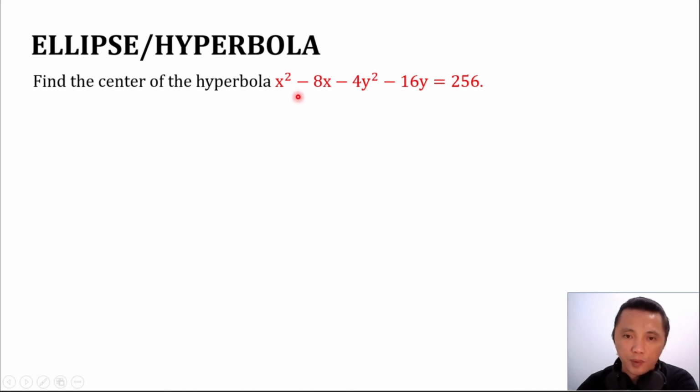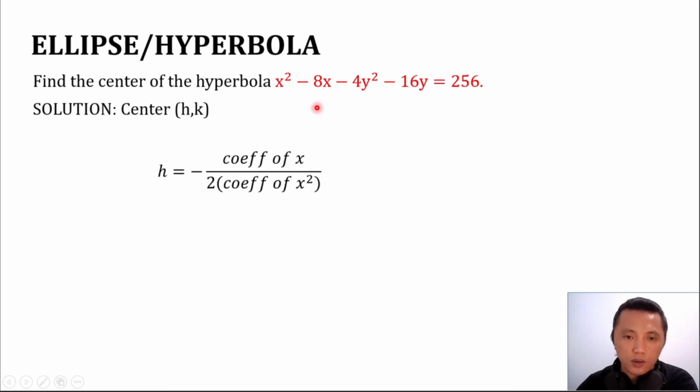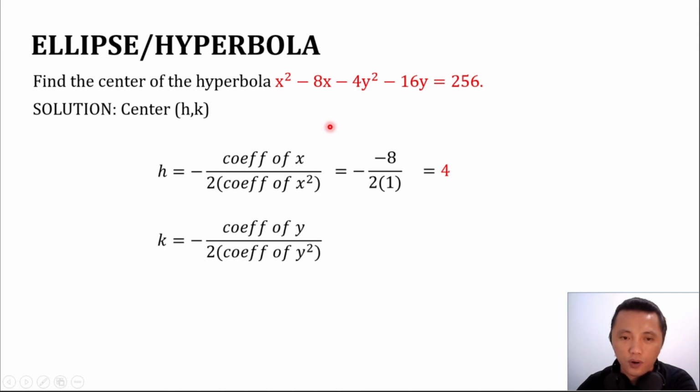Find the center of the hyperbola x squared minus 8x minus 4y squared minus 16y equals 256. This is a hyperbola again, different signs. So h is equal to negative, always put negative, the coefficient of x all over 2 times the coefficient of x squared. You have negative of negative 8 over 2 times 1, so h is equal to 4.